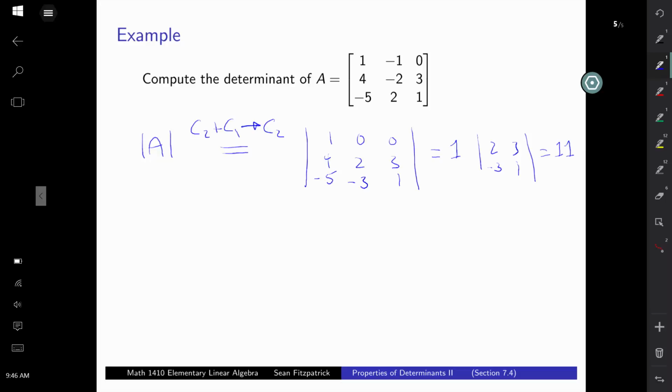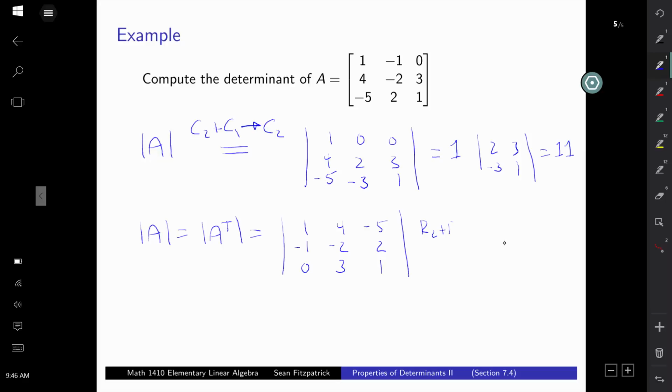And if the column operations make you uneasy, you can always argue it this way. You could say the determinant of A is equal to the determinant of A transpose. So we do the transpose 1 minus 1, 0, 4 minus 2, 3, minus 5, 2, 1, right? And then we can do a row operation.